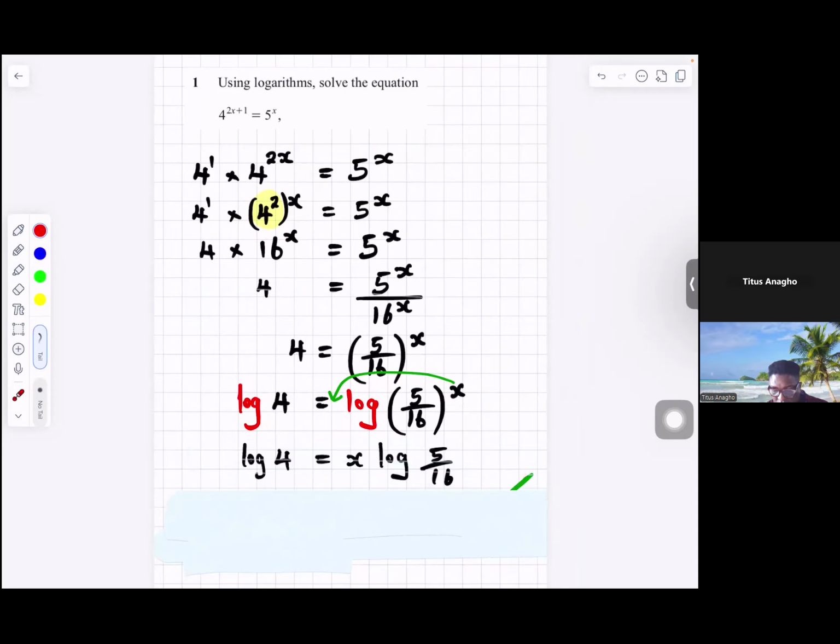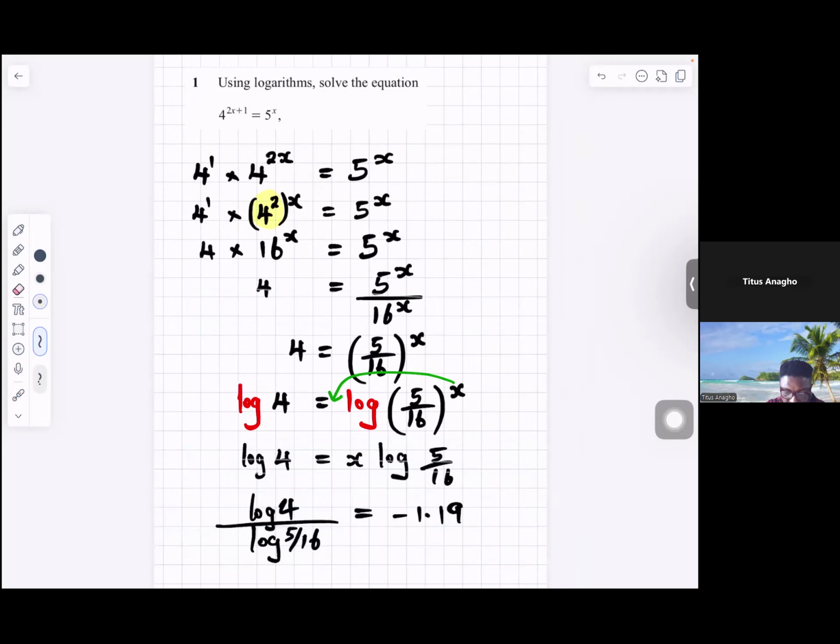After that, you divide by log 5 over 16, making sure log 5 over 16 goes in the denominator. So you get log of 4 divided by log of 5 over 16. And that gives you minus 1.19 as the answer.